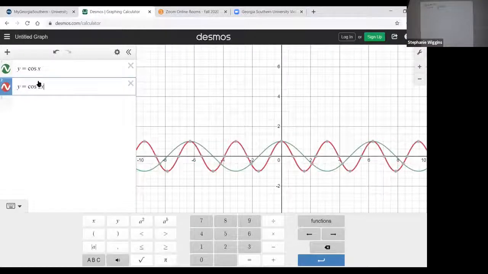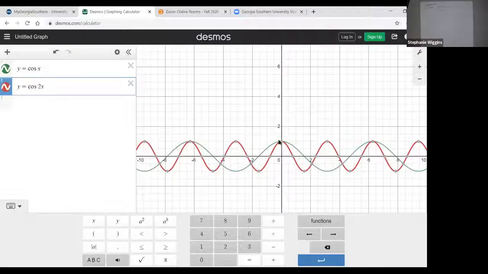So the only difference between my two functions is this 2. That 2 multiplied in front of the x, what it does is it compresses the function horizontally. So basically, when you multiply by 2, it means you're going through your cycle twice as fast.